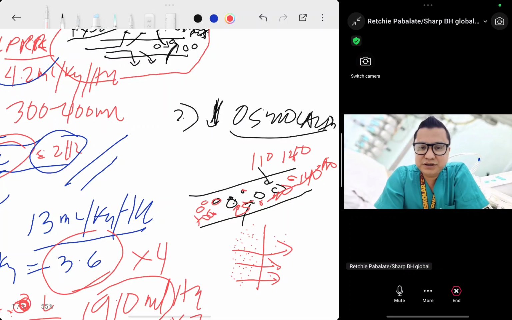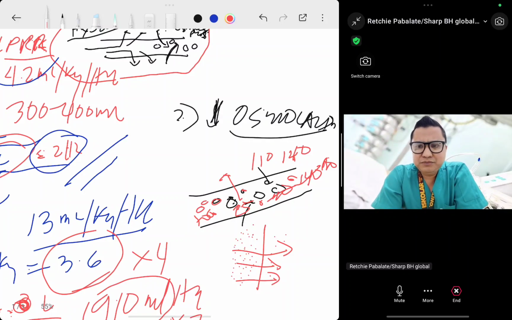There is a lesser concentration of solute in the intravascular space or extracellular compartment, which will lead to fluid transfer from intravascular to interstitial space, or from the extracellular compartment into the intracellular compartment, leading to fluid depletion.